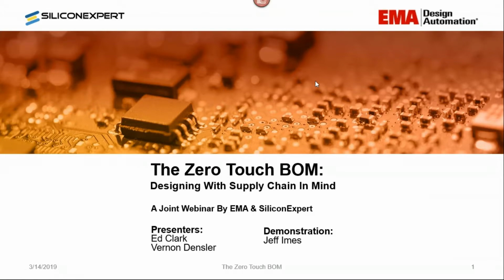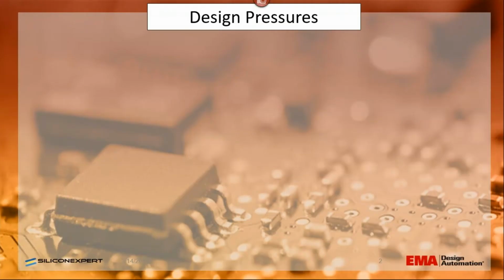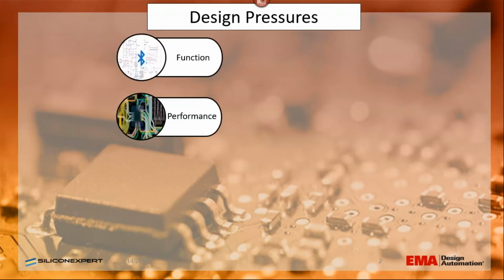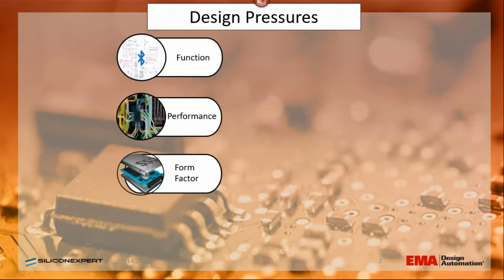Hi guys, Ed Clark here. One of the things we wanted to start talking about was many of the design pressures that every design engineer will face during his design career. One of them is just the function of the design, making sure that everything works, the performance, and that goes into electrical and functional performance as well.